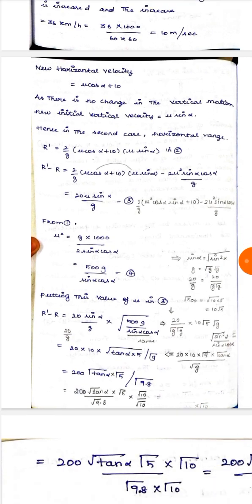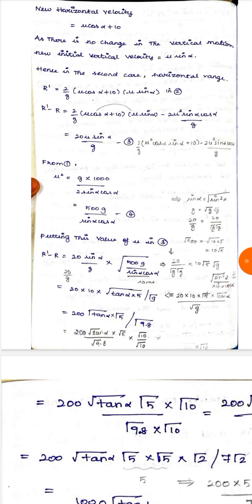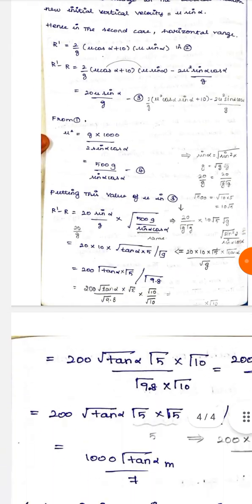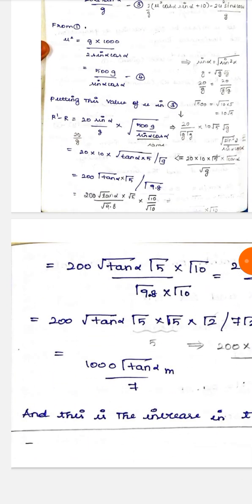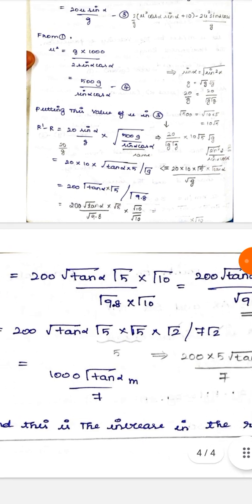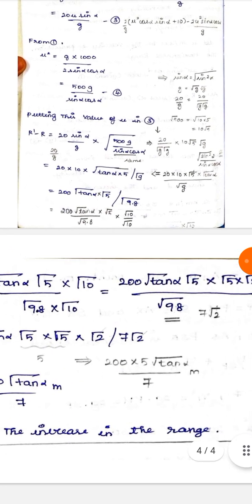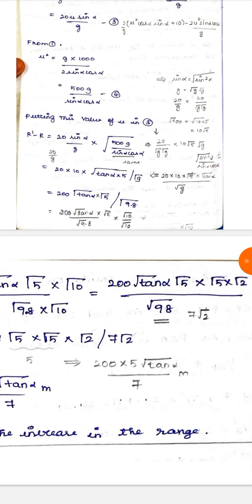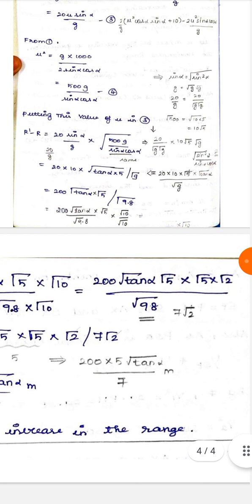Now 20 into 10 is 200, root tan alpha into root 5, divided by root g, where we put g as 9.8. Then we multiply numerator and denominator by root 10. Then R dash minus R equals 200 into root tan alpha into root 5 into root 10 by root 9.8 into root 10. That equals 200 into root tan alpha, root 5. We split root 10 as root 5 into root 2.